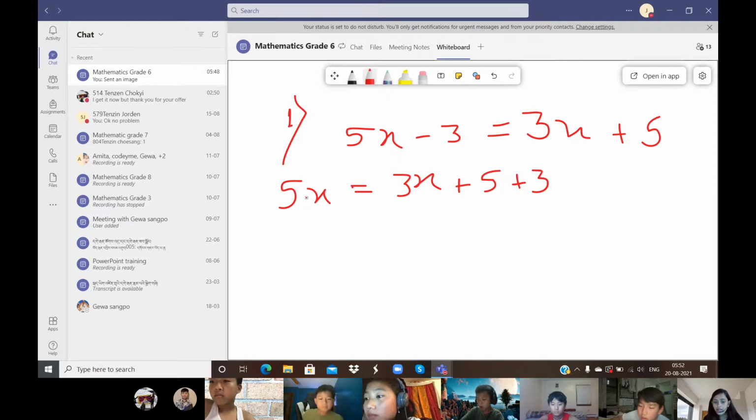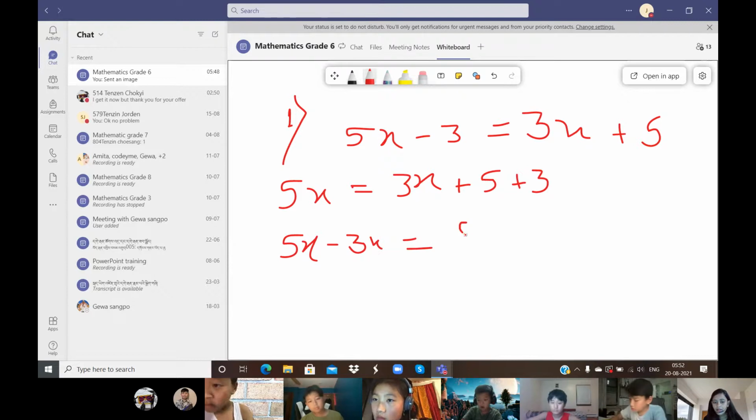Then we'll transpose 3x to this side, so it will be negative 3x. 5x minus 3x is equal to 8. Then you'll get 2x is equal to 8.